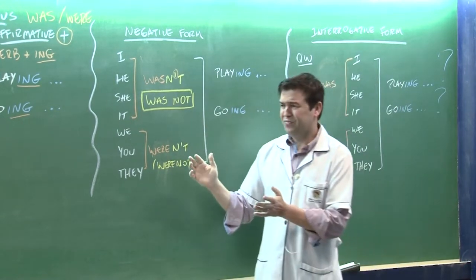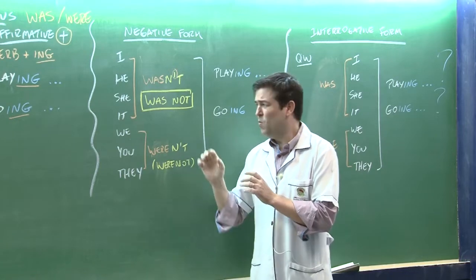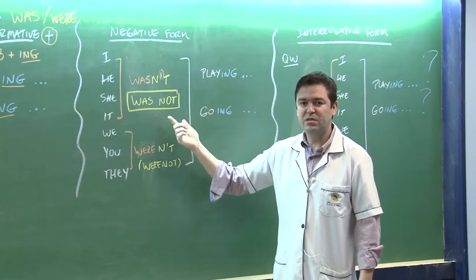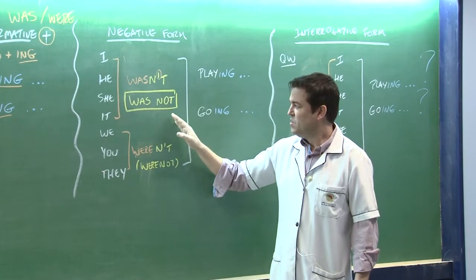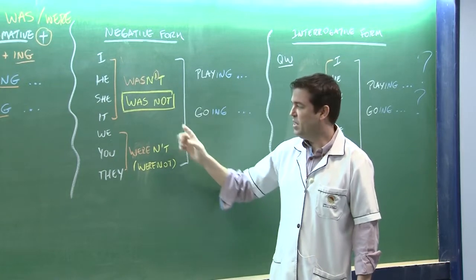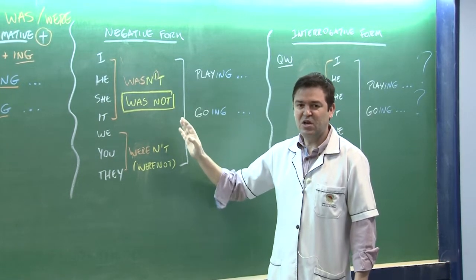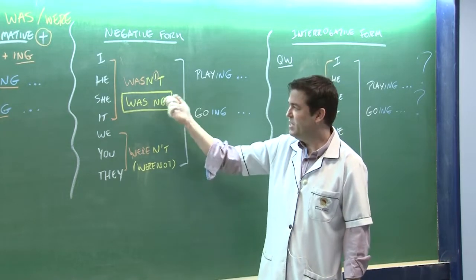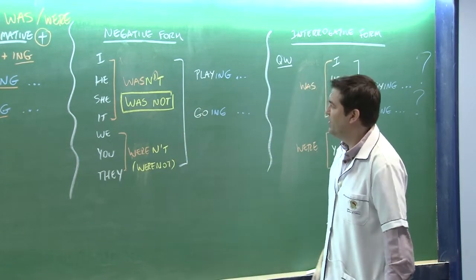I mentioned that when you separate the not, you give emphasis to the negative form, right? So if I say she was not playing in the park, I'm emphasizing not. Not is important in the sentence. This is a weak not, yes? Then when you put them together, you connect.